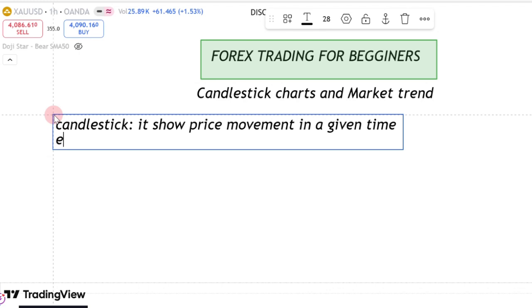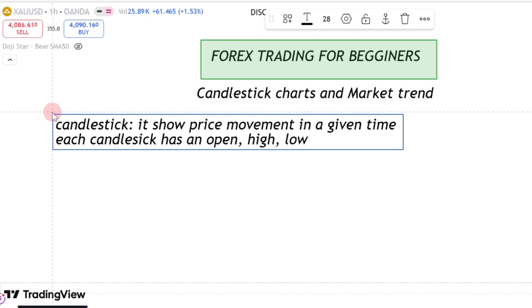Let's draw this one. Each candlestick has an open, high, low, and close.